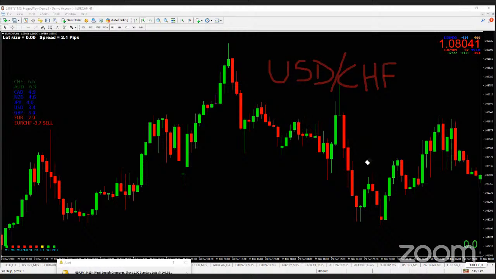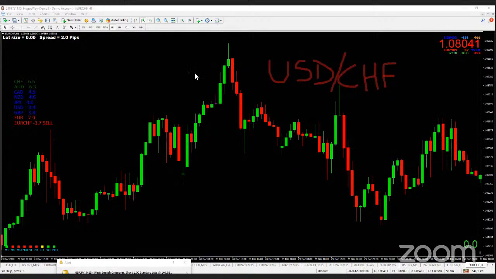So what we are now looking at is not so much the previous Euro CHF. We're now looking at USD CHF. Now, having a look at this, we can see CHF is still the strong one against USD. CHF is strong against the USD.